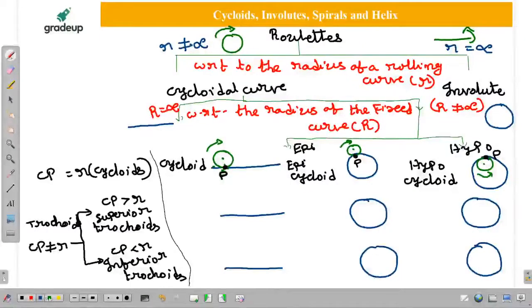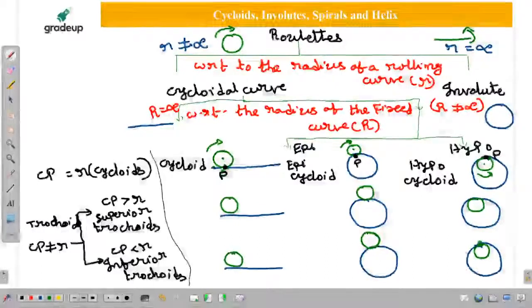Now we are going to consider a rolling circle. It rolls outside. It is also rolling outside. It rolls inside. Inside.